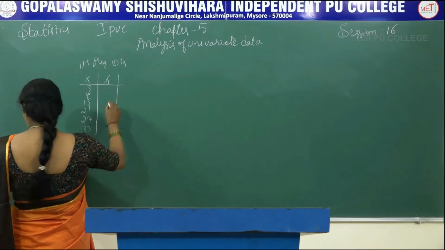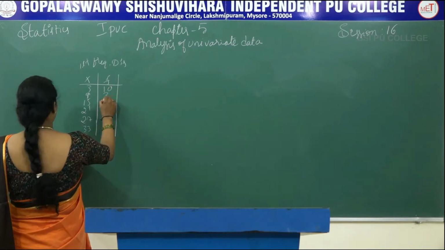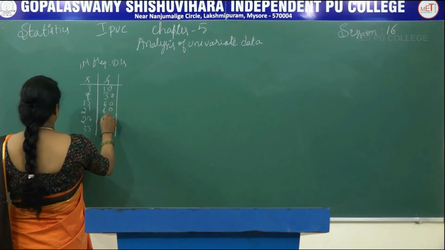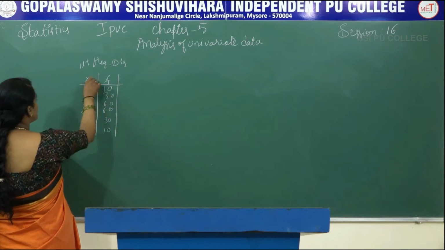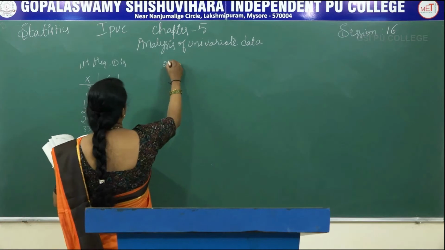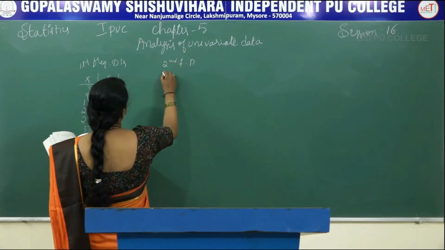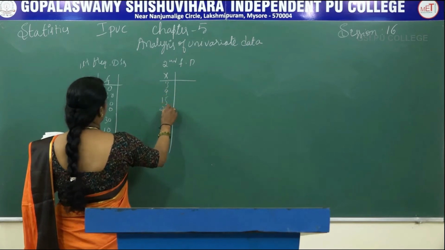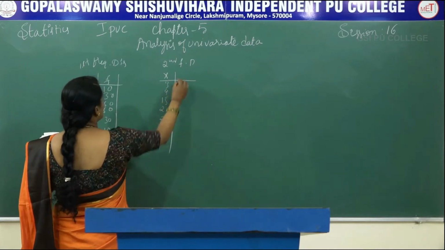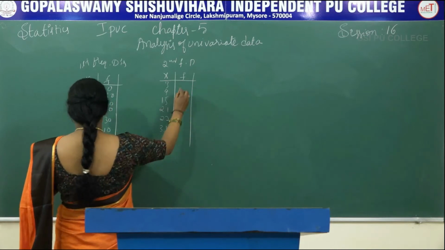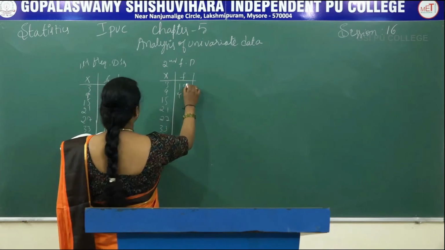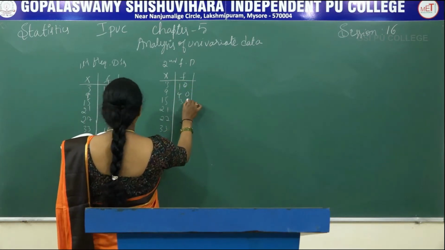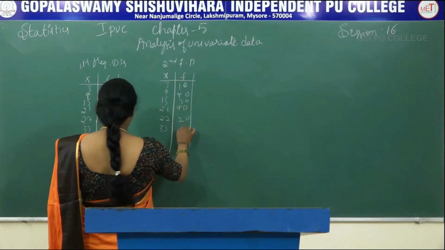This is the frequency distribution. And for the same x values, this is the second frequency distribution. For the same x values, I am taking 3, 9, 15, 21, 27, 33, and frequencies are 10, 40, 30, 90, 20 and 10.